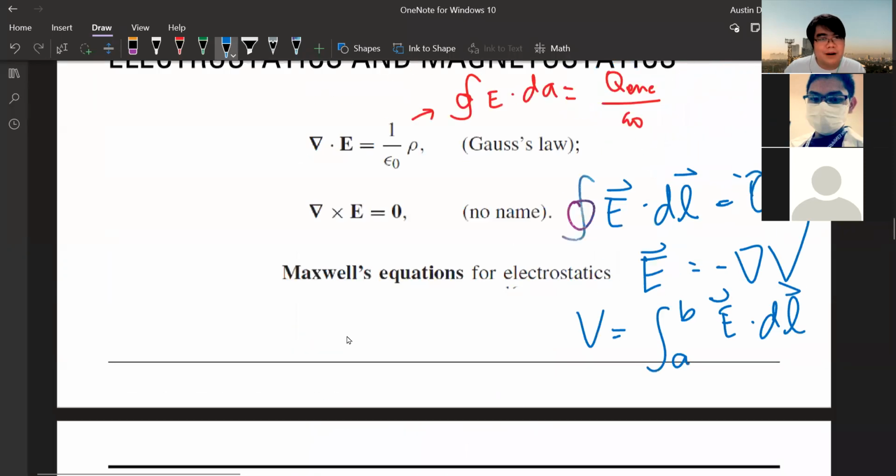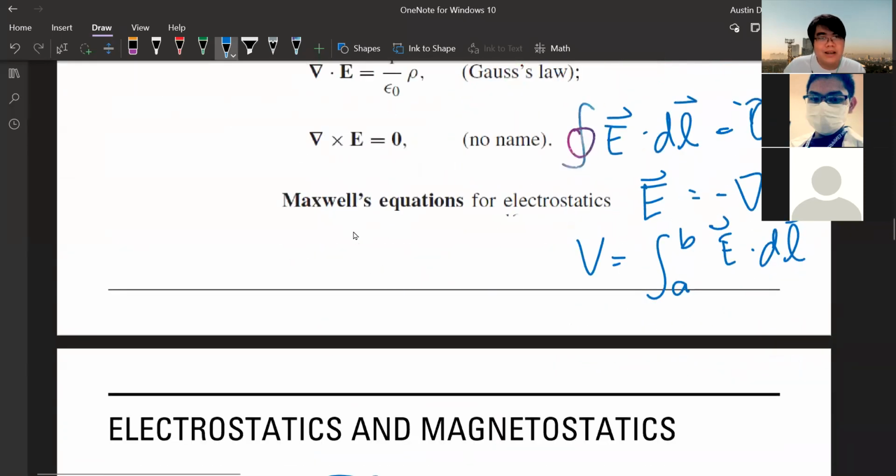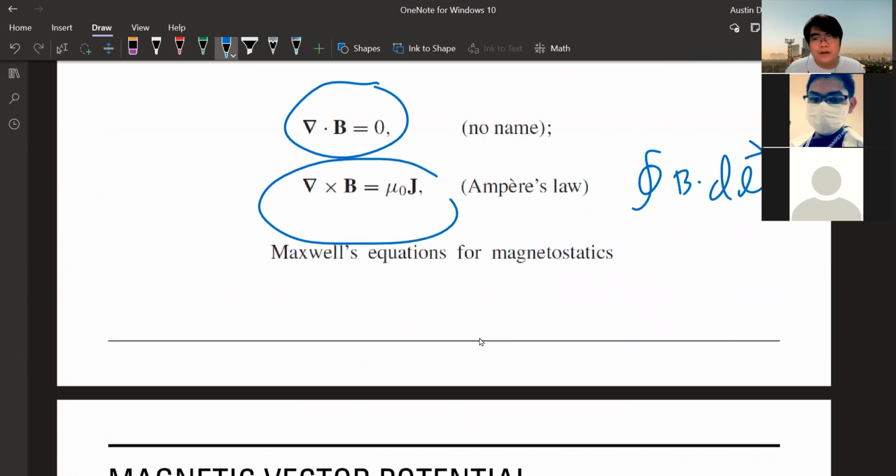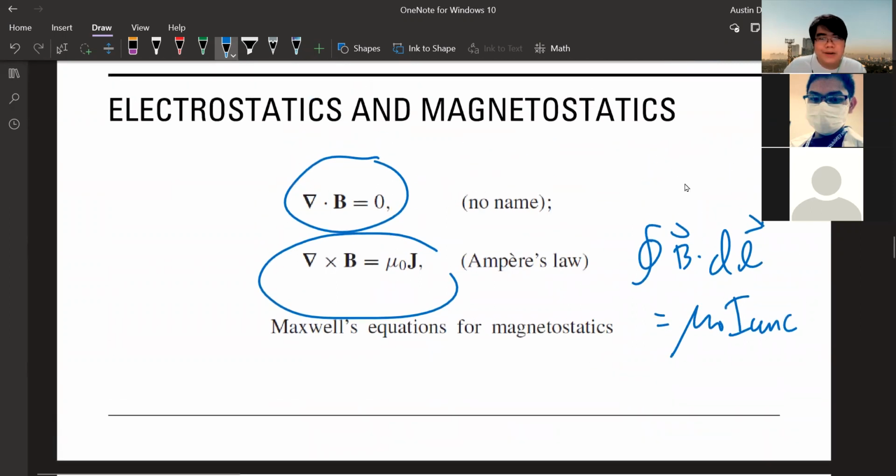Okay, kasi dito sa part na to, both sila nagbigay ng something for us. Okay? This guy, ito yung kanina, nakuha natin na yung closed integral of B dot dl is just equal to mu naught I enclosed. Okay? Which is nice, which is very easy to use.